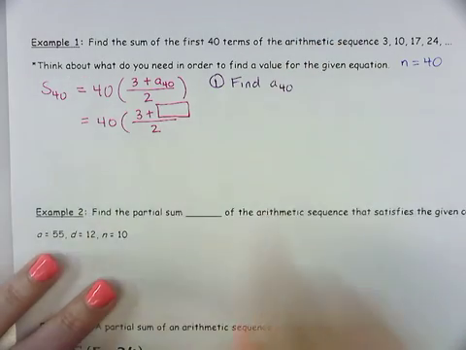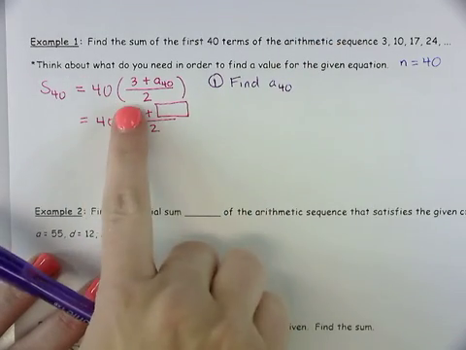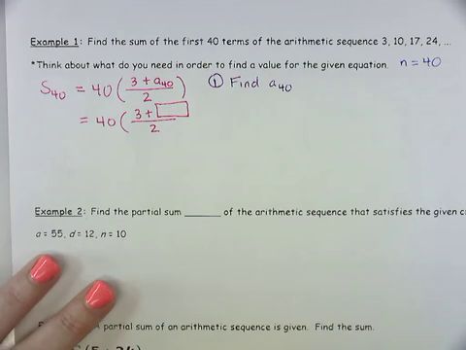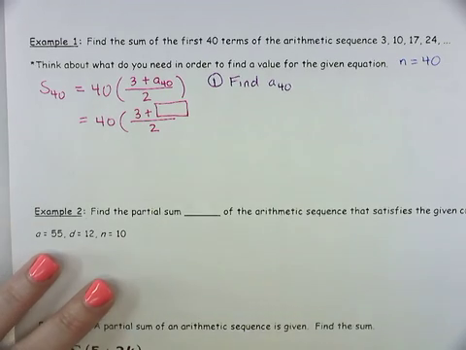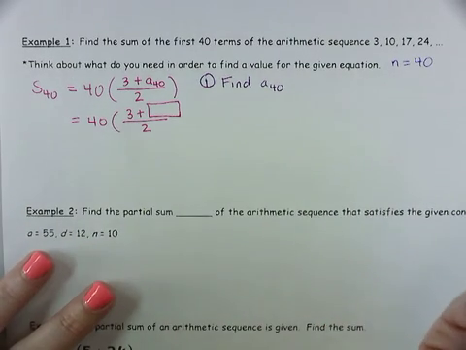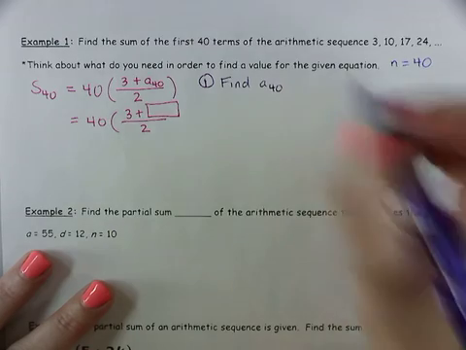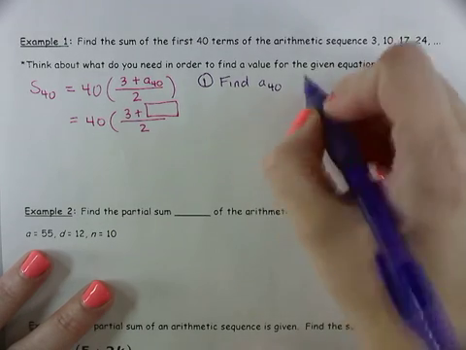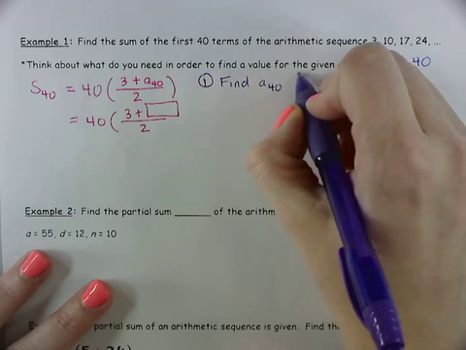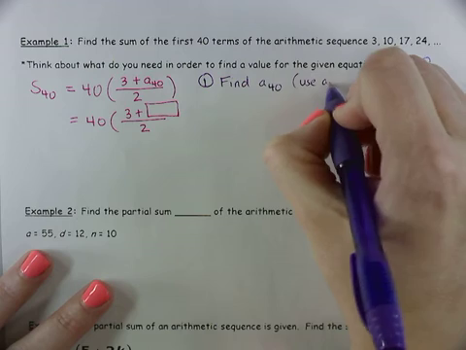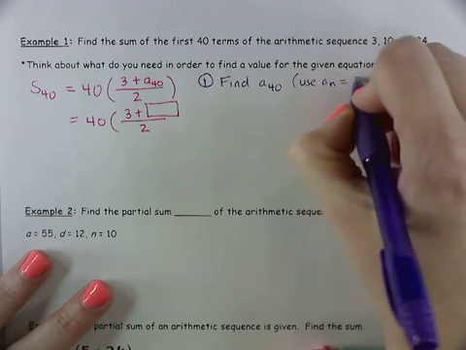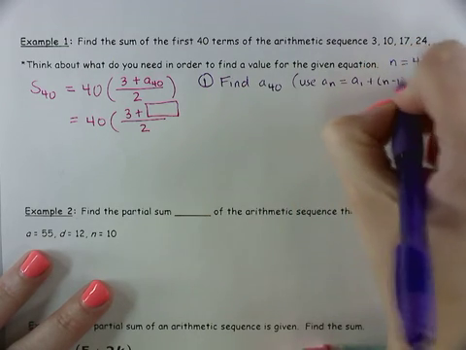Okay, so why do we do that? Because if we set up our equation, we have to plug in a value for a sub 40. So we're going to use our equation from yesterday. I'll just write it here. So use a sub n equals a sub 1 plus n minus 1 times d.